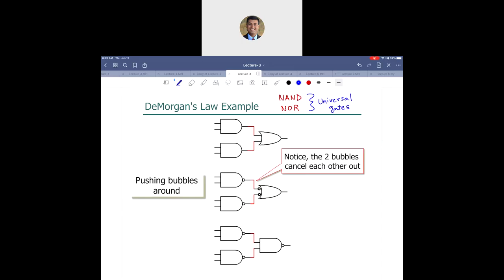Which means that I can synthesize any logic expression using only NAND gates. So I can convert everything, similar to the example over here. As you can see in this example, all the gates are NAND gates. And right now I'm claiming that no matter what kind of logic function you give me, I can synthesize it using only NAND gates.